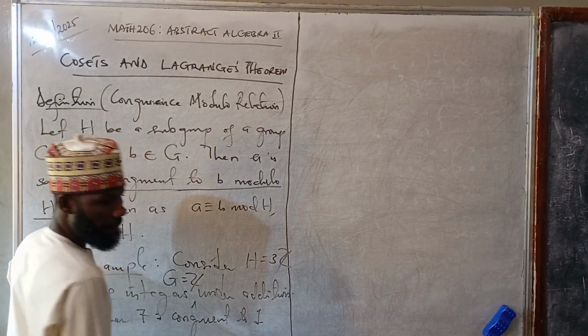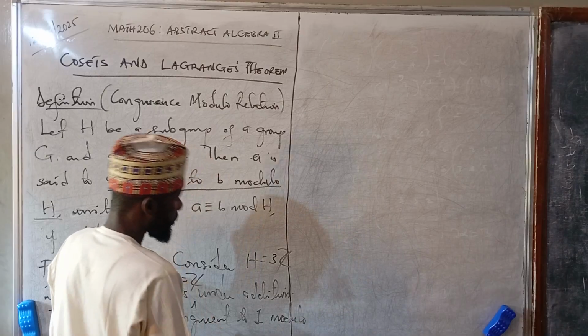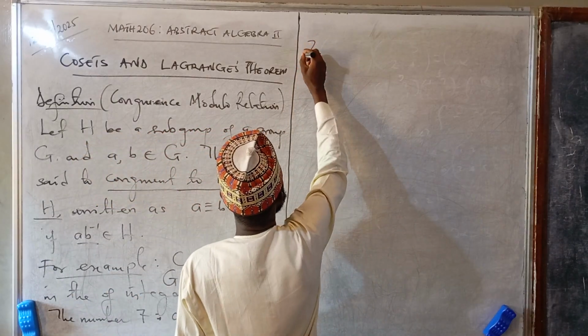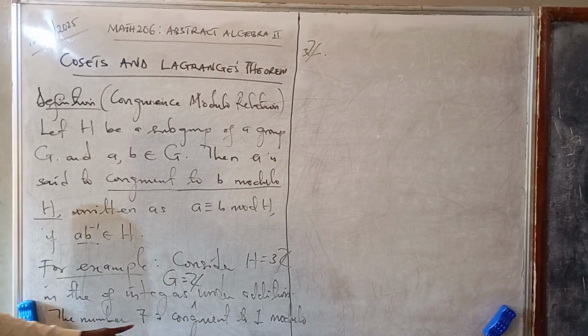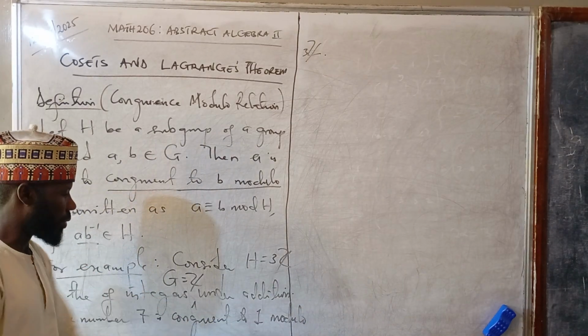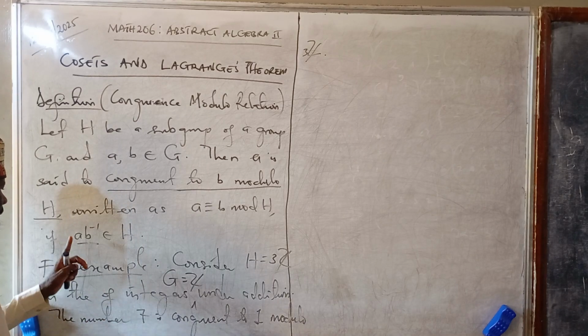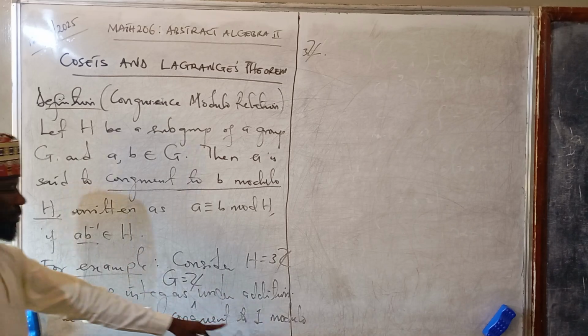To 1, modulo the subgroup. Our subgroup is 3Z, that is multiples of 3. But how do we know that 7 is congruent to 1 modulo the subgroup? It is because if we operate A with B inverse, A is your 7, and B inverse will be minus 1.